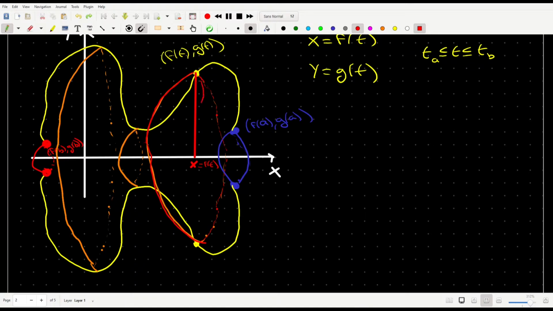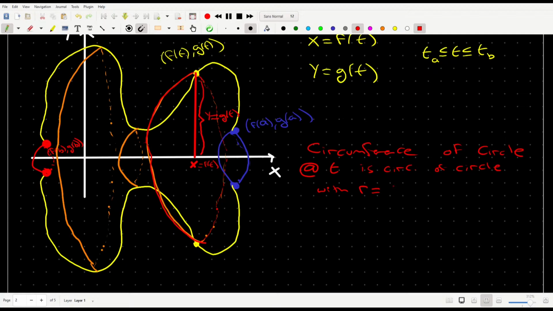The height here is going to be y equals g of t. That's the y coordinate of this point in the xy plane. And so the circumference of this circle at t is going to be the circumference of a circle of radius r equals g of t.